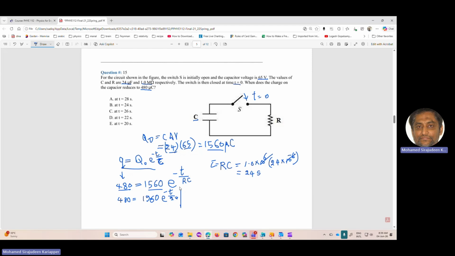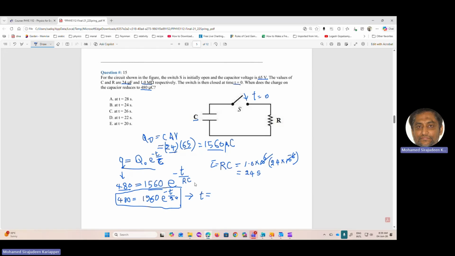So when you solve this equation for the time t using your calculator, use the calculator in the solving mode. That will make your life easy. You don't have to find the anti-log, inverse log, and so on. You'll get the answer straight from the calculator. So I believe the answer is 28 seconds.